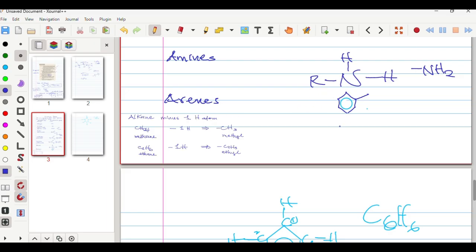They will write it as C6H5 bonded to something. It's supposed to be C6H6, but the hydrogen is no longer there, right? Does it make sense? So that is why it is C6H5 bonded to something. You can put R there as well, just to indicate an alkyl group.